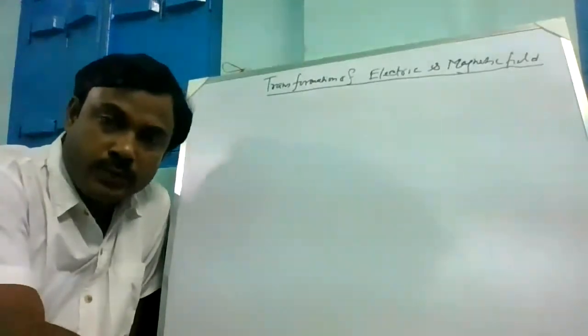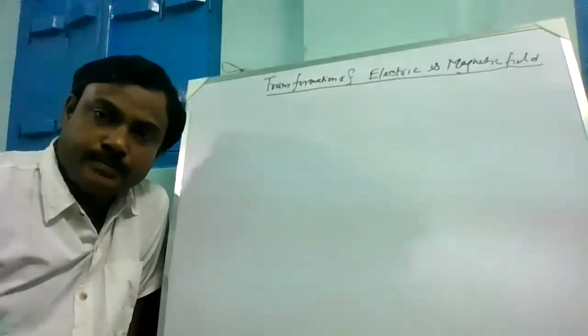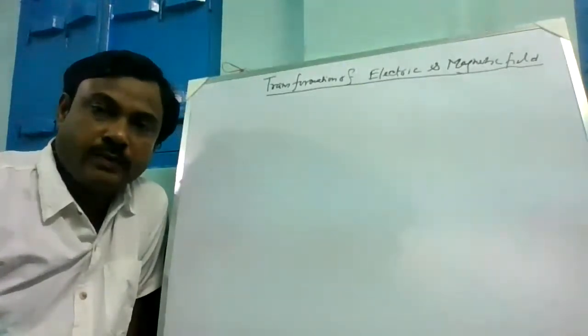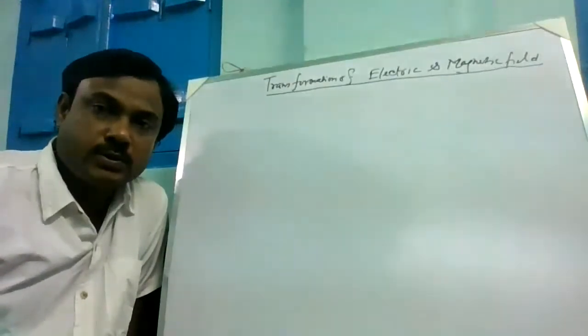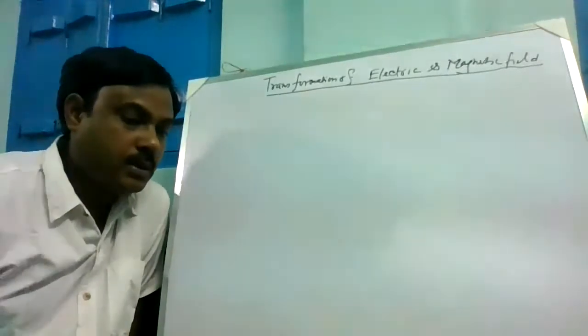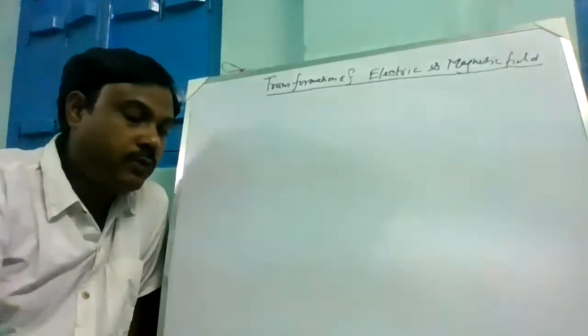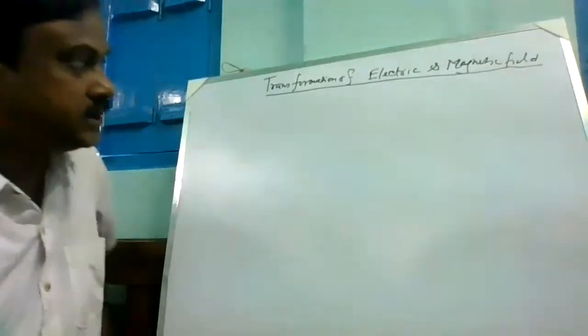Now, we wish to transform it to another inertial frame moving with velocity u with respect to the stationary observer. The transformation rule for a second rank tensor is like this.